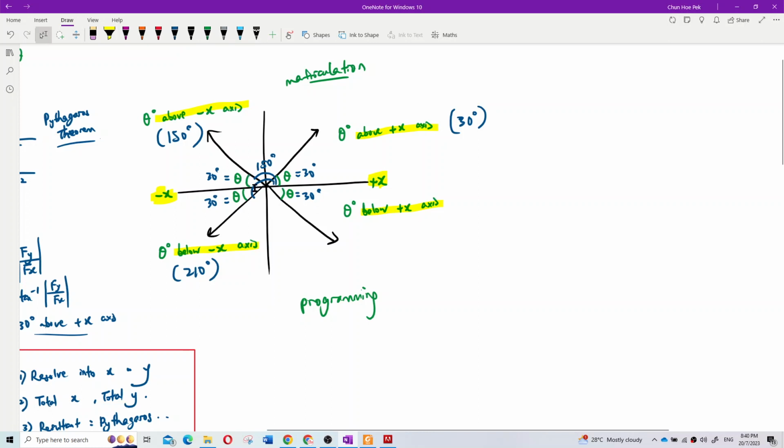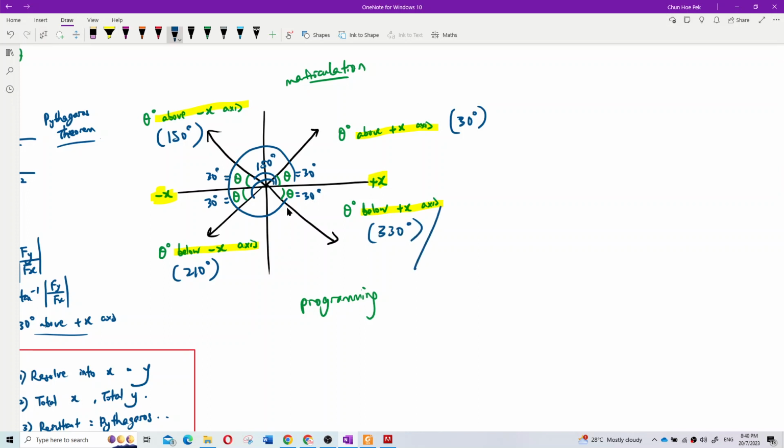You always refer to the positive axis anti-clockwise. For this one, 30 degrees below the positive axis, we take the big angle here, which is 360 minus 30, which is 330 degrees.